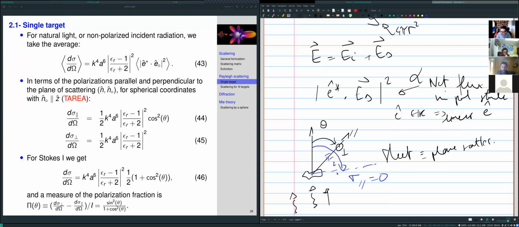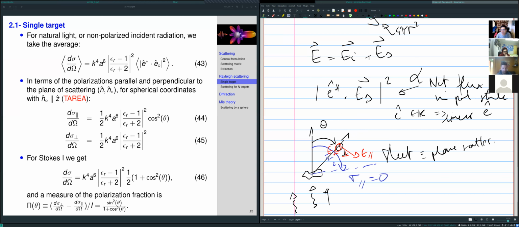It means that if you look perpendicular to the direction of the light hitting an obstacle and being scattered away at right angles, you'll have no polarization in the parallel plane, meaning that the parallel electric field here is 0. Sorry, this is wrong. What I just wrote here is wrong. This is indeed the parallel direction, but this is the one. So that would be E perpendicular, and this one would be E parallel, of course, not that one. Let me erase it so we have no confusion.